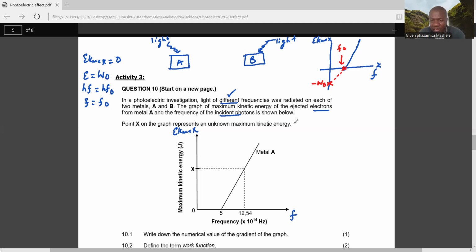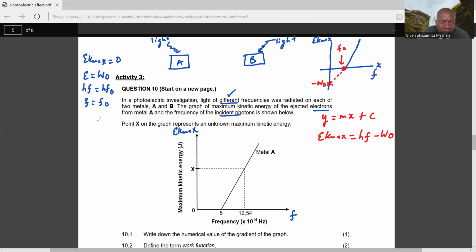This is the y-intercept. What did I say? When you have y equals mx plus c, if we rearrange the equation, the y will be the EK max. From our equation, we're going to have hf minus W naught, because this is the energy of the photon.